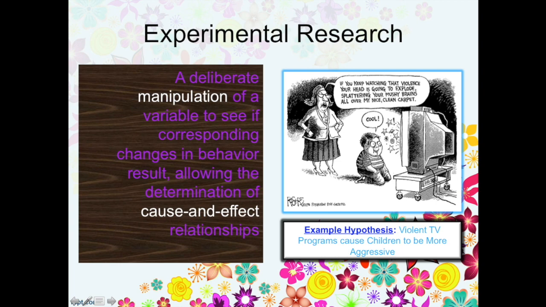So because we're doing the manipulation and we have that control over our study, we're able to say that the only thing that's causing the effect would be our independent variable. And so therefore we're able to determine cause and effect relationships with experimental research.